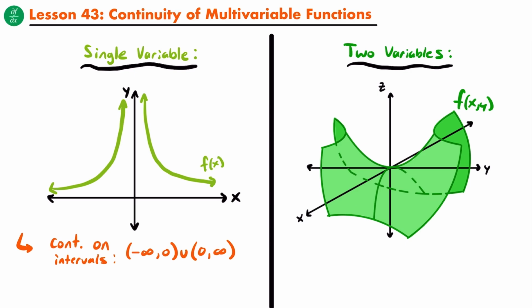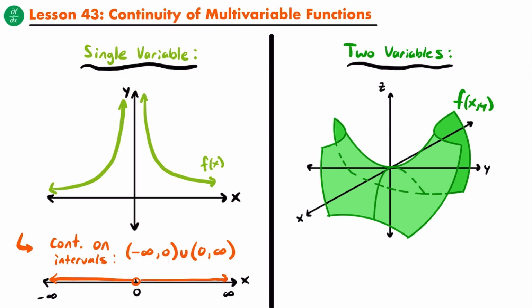You could represent it like this by drawing an x-axis and including all the values of x except where x equals 0. So you draw an open point at 0 to indicate that. Alright, so clearly when we're talking about continuity of single variable functions and we're looking at intervals, we're just talking about one dimension. We only have to consider the values of x for which the function is continuous.